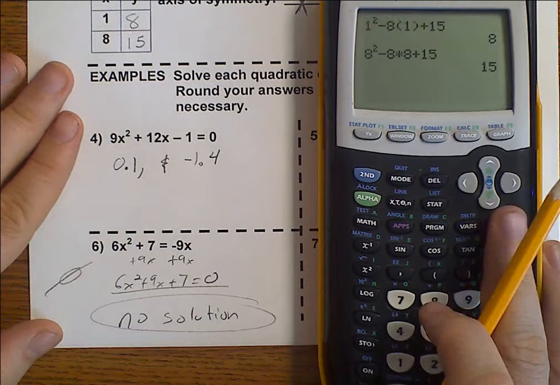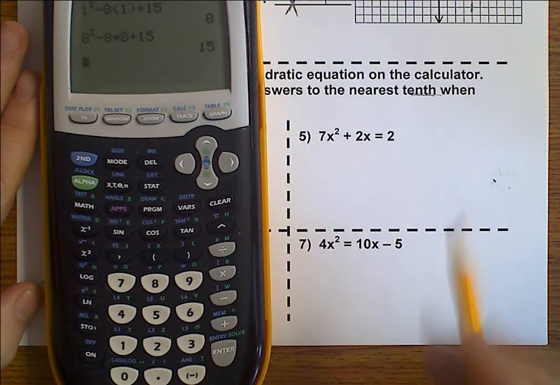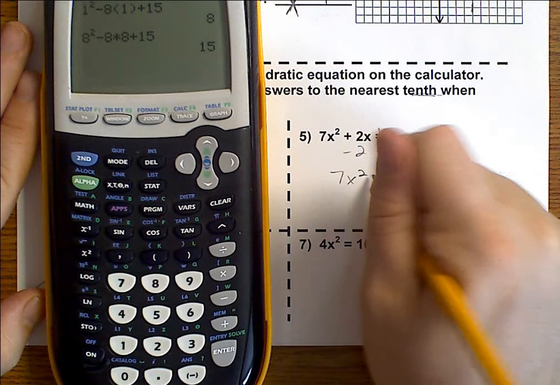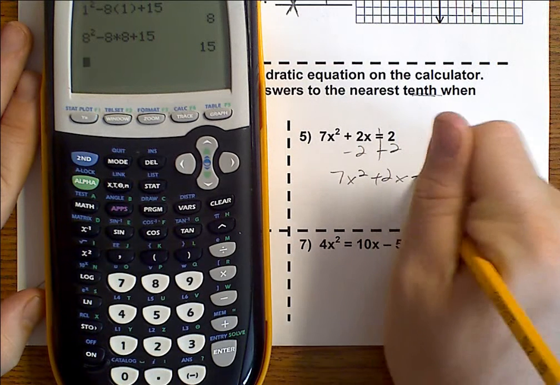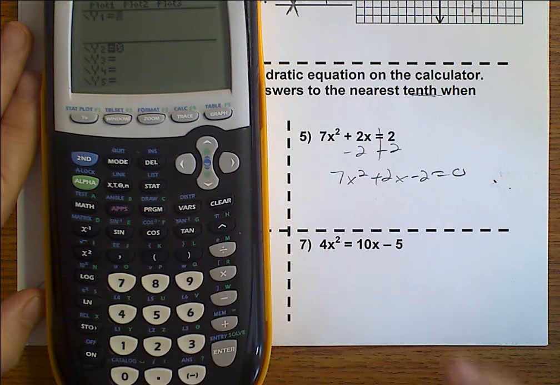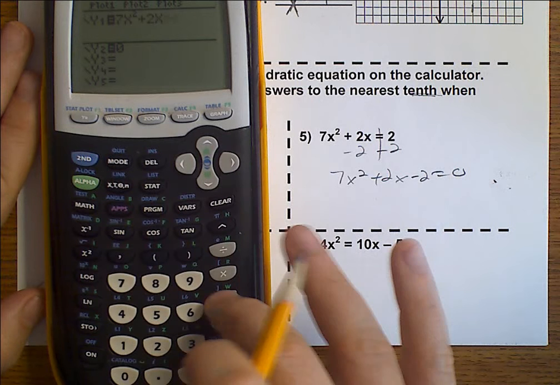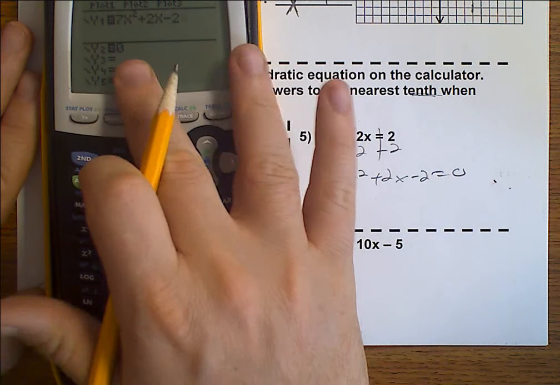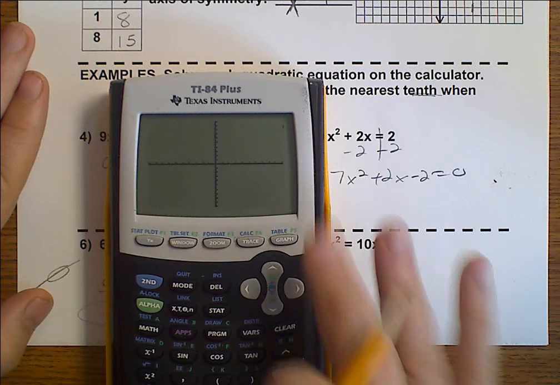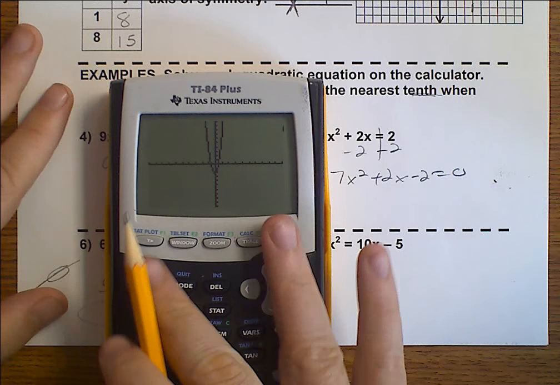Let's move on to number 5. We need to again move everything to one side, subtract 2 from both sides. 7x squared plus 2x minus 2 equals 0. Put this in the calculator. 7x squared plus 2x minus 2. y2 is still going to be 0. Graph. This one does intersect, so we go to second calculate.